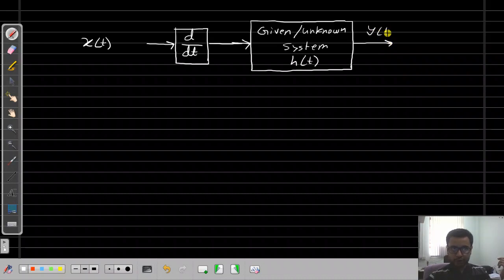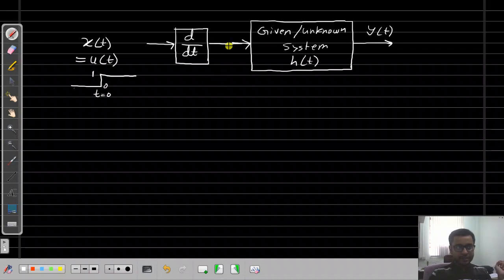Now if I take x(t) equal to u(t), you remember what is u(t)? u(t) is the step signal like this, 0, then 1 at t equal to 0. Then what do we have here in theory?